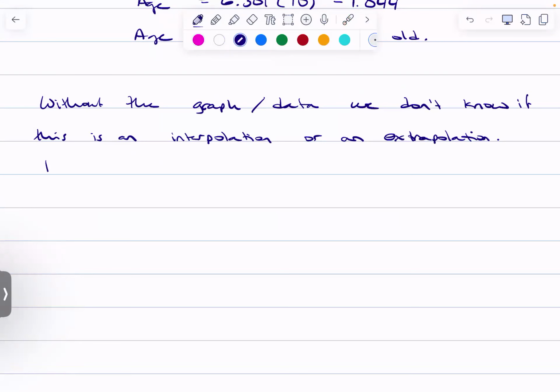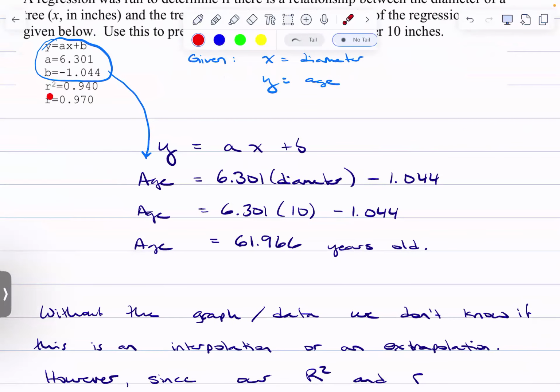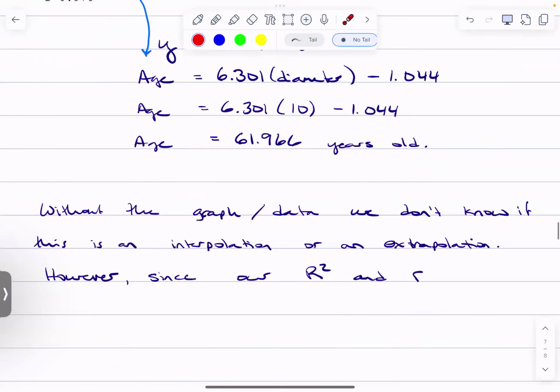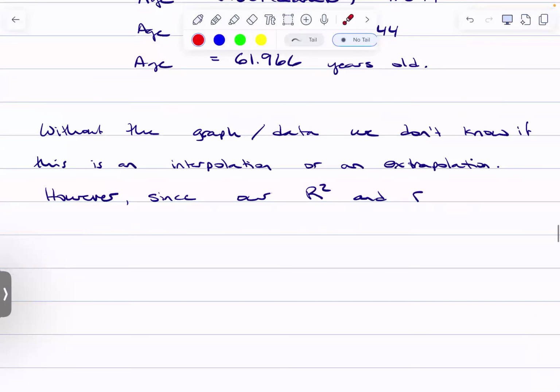However, there we go, the age-old workaround. However, since our R squared and R, now they've used a lowercase r squared, so just link those two up and you're welcome to write a lowercase r squared. I'll know what you mean. I'm just an old dog learning new tricks, I guess, so I'm hooked on the capital R squared.